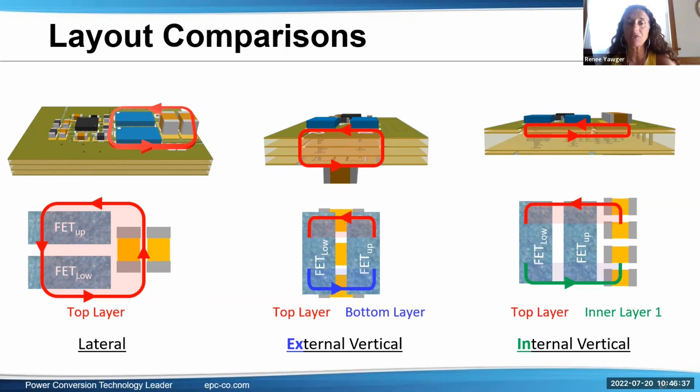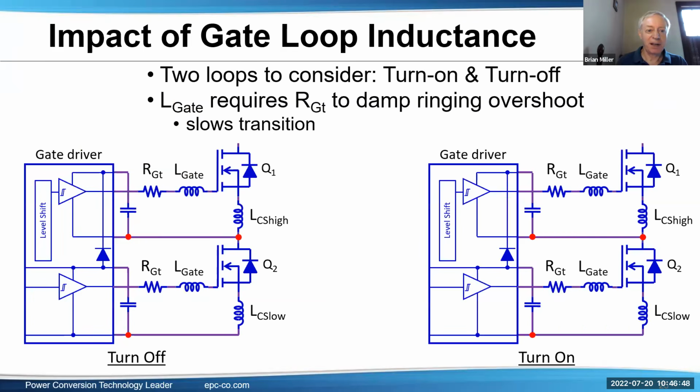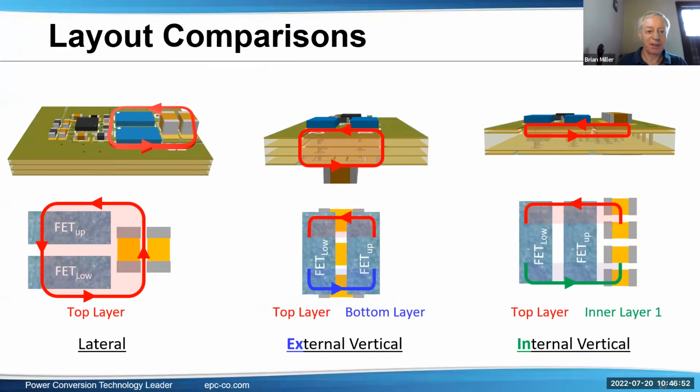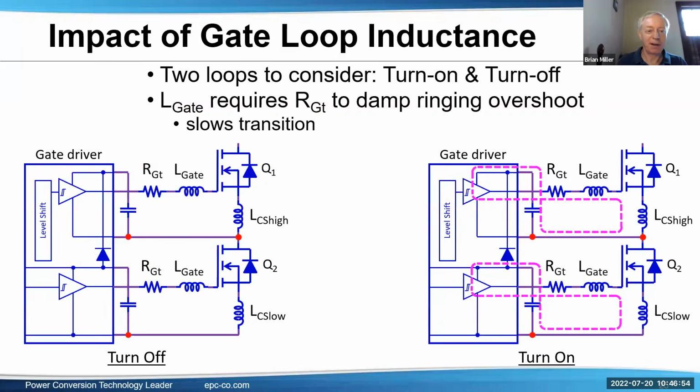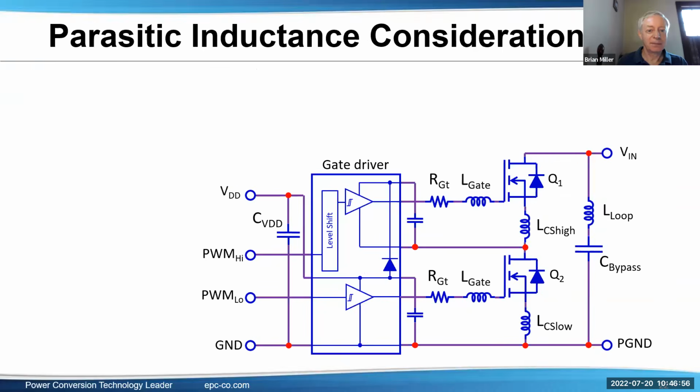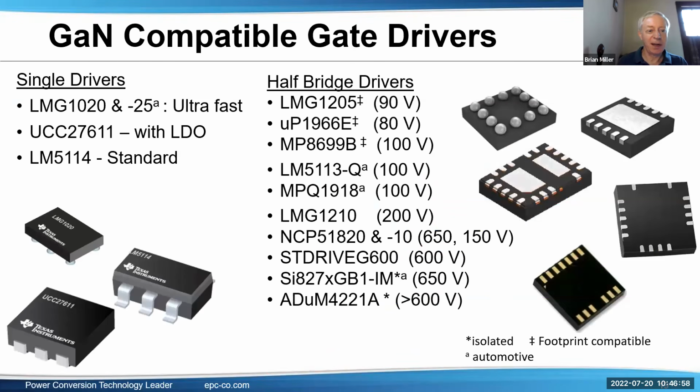Is there a particular gate driver that will perform best for matching gate charge and gate capacitance for top speed? I would say going back to the gate drivers, a lot of these are designed for different types of things. The fastest one we know about is the LMG1020 single gate driver.